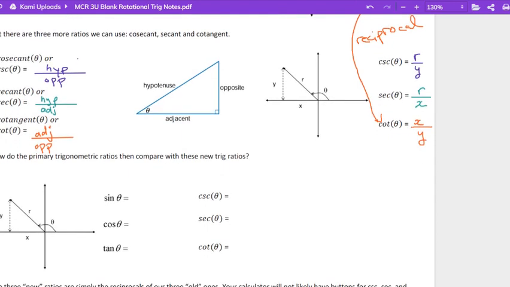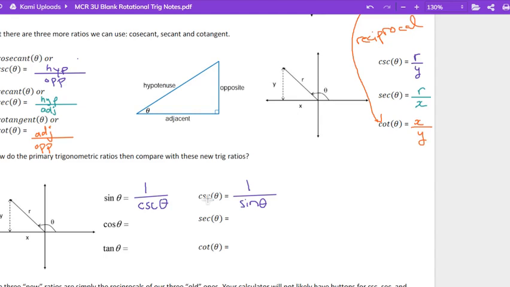So let's just summarize. Cosecant is the reciprocal of sine, meaning to find the cosecant, you go 1 over sine. And if you're given cosecant, you can say, oh, sine is 1 over cosecant.